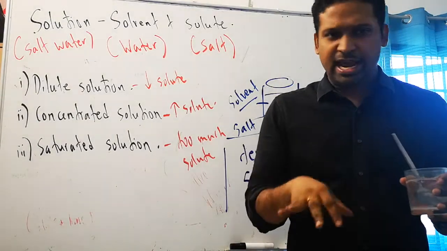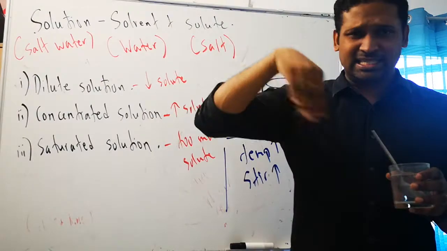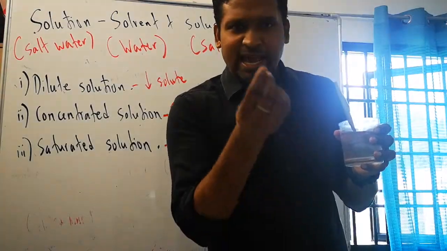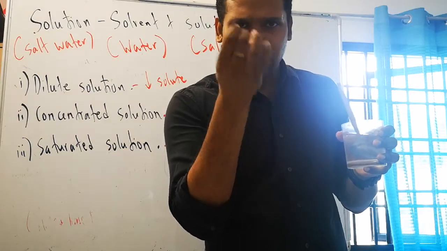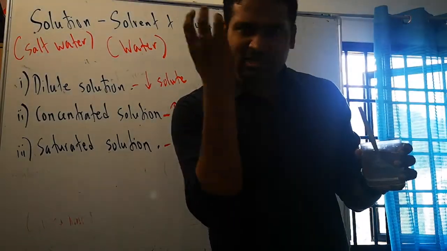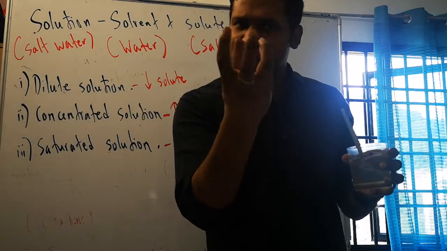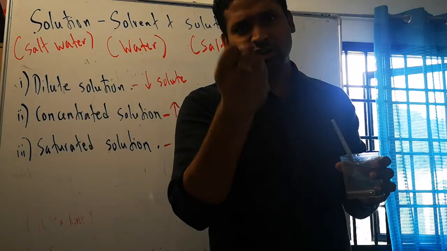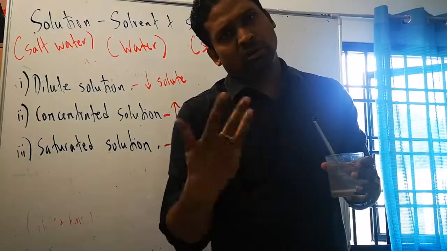Let's say you just leave it there, you don't stir much, or the rate of stirring is the same for both examples. One uses simple salt, like table salt or cooking salt. The other is still salt, but in the form of bigger lumps, bigger solid rock salt. Which one will dissolve faster?